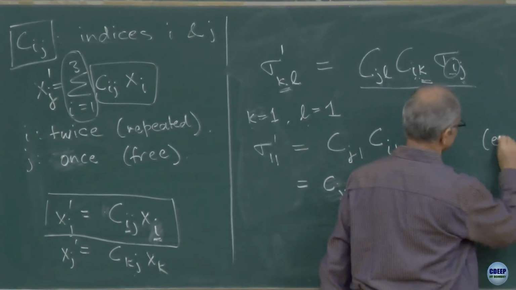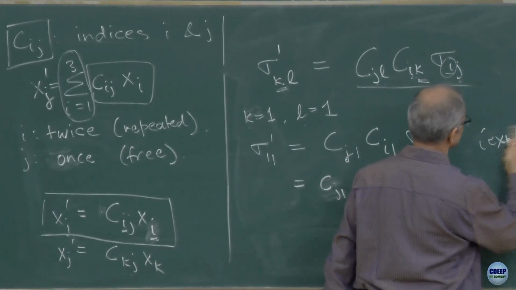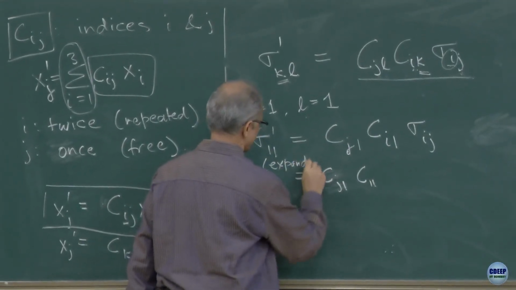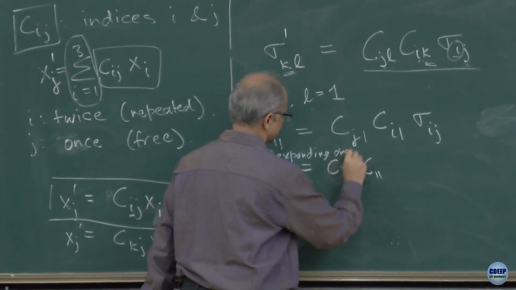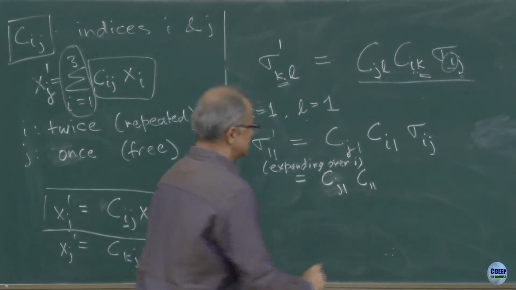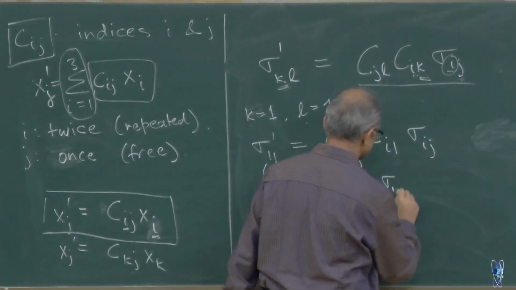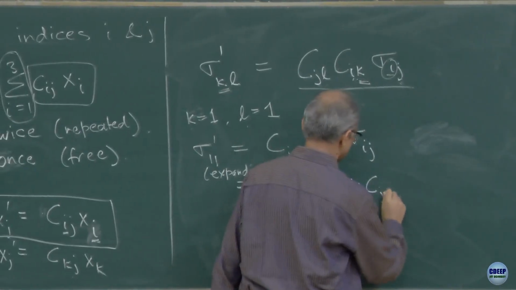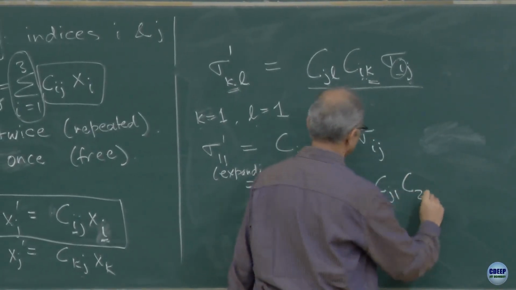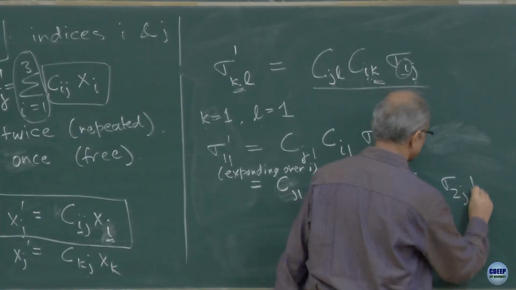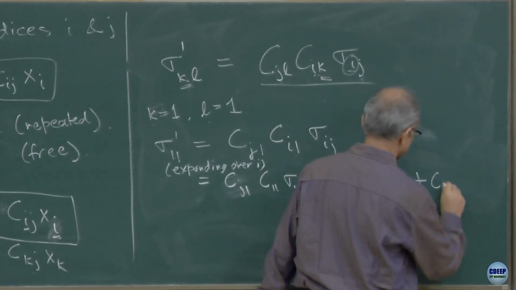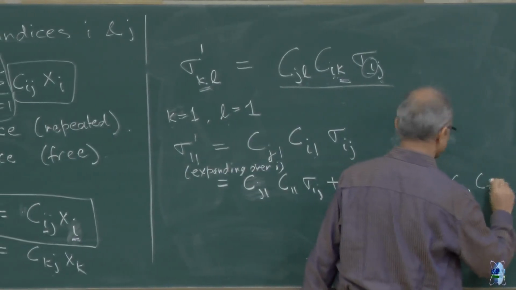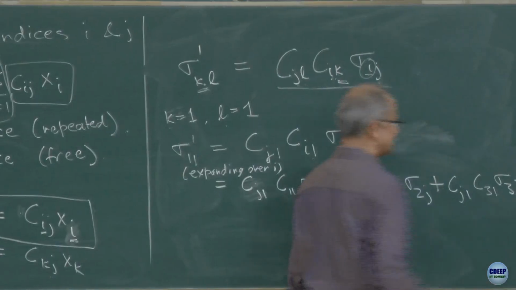So expanding over i: C11 sigma 1j plus Cj1 C21 sigma 2j plus Cj1 C31 and sigma 3j. Correct?